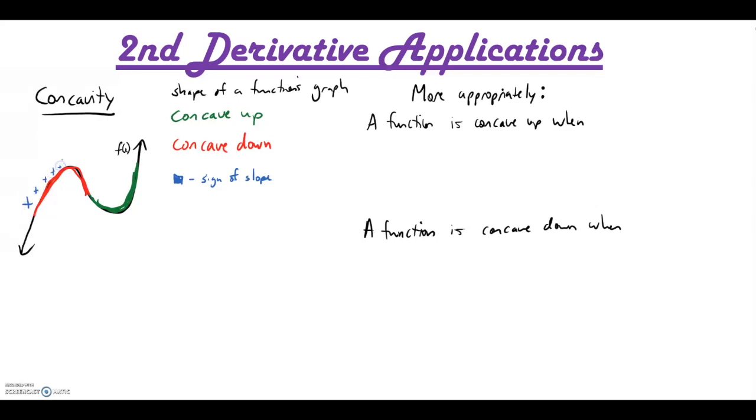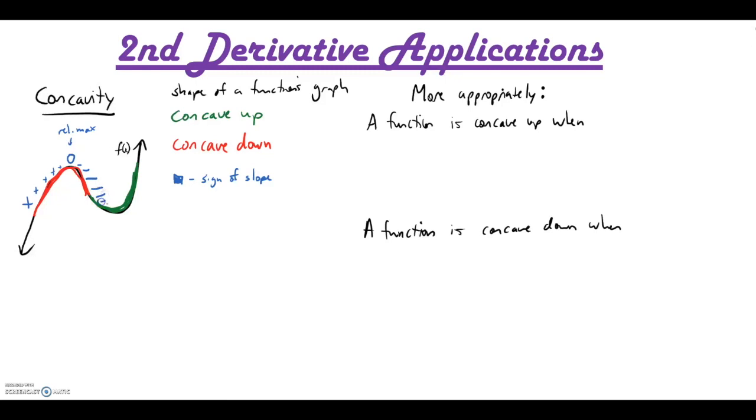And so notice for this red portion, the slopes start off very positive, gain less and less positive as you move up the hill until you get to a slope of 0 at the top, where this graph has a relative maximum. On the other side, the slopes start becoming negative, more and more negative as you go down the hill.